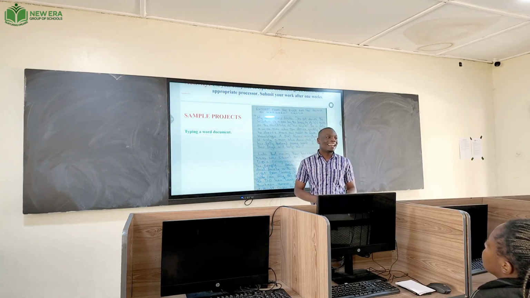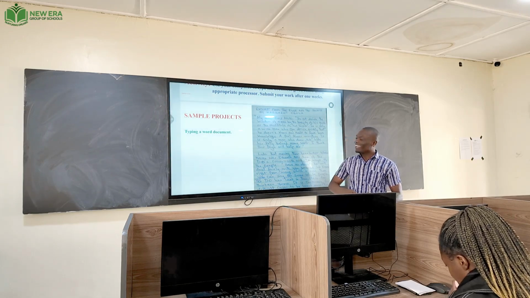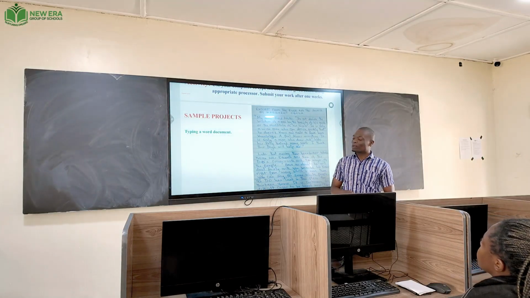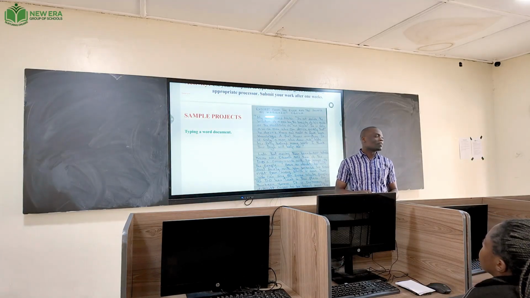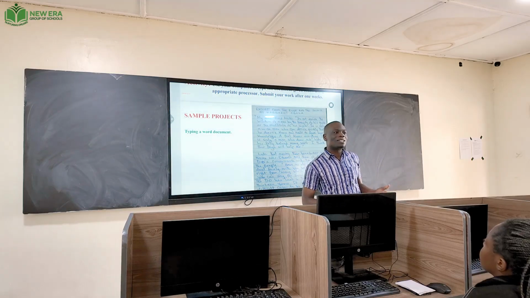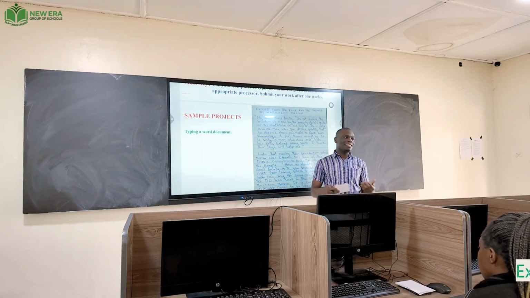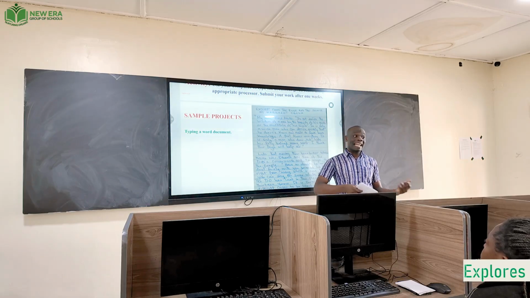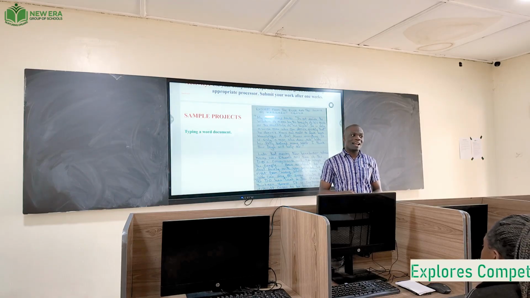Picking up from where the last speaker left, we just talked about the projects. On the projects, the learners do research, then they present their findings, and their findings can be rated through the rating scale, which has already been talked about.